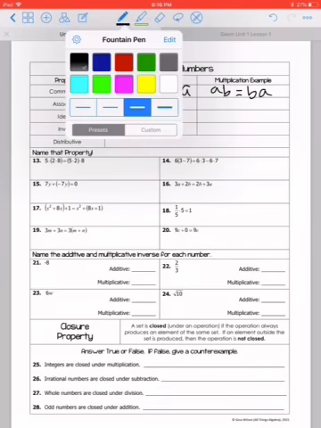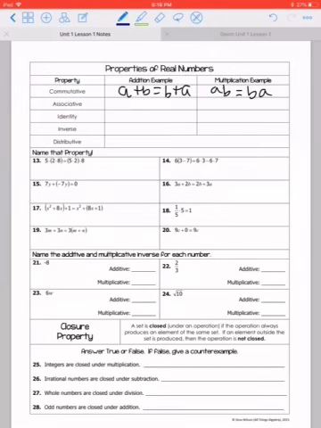Alright, associative really deals with parentheses and the order that you add or multiply. So A plus B, then plus C, is the same thing as A plus, then B plus C. And then same idea for associative with multiplication.